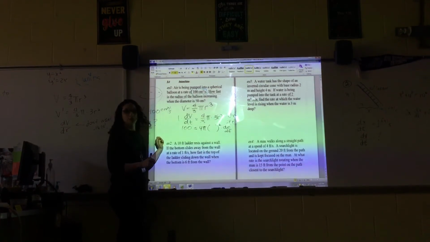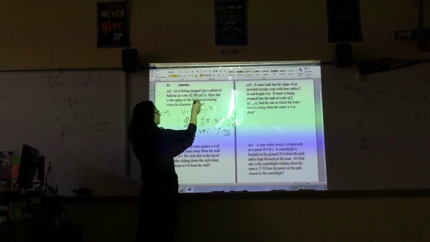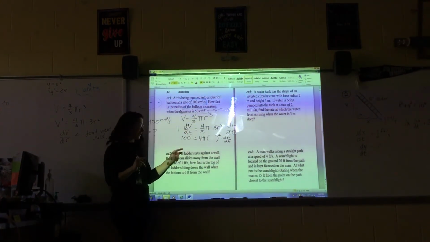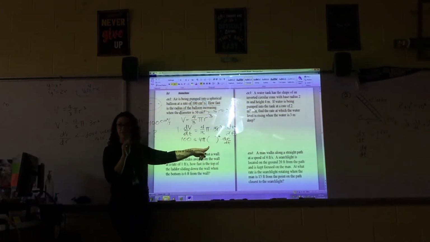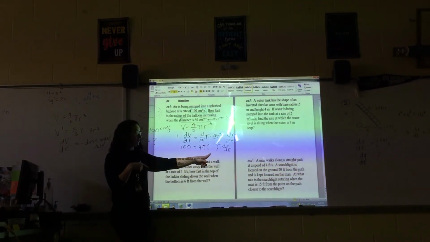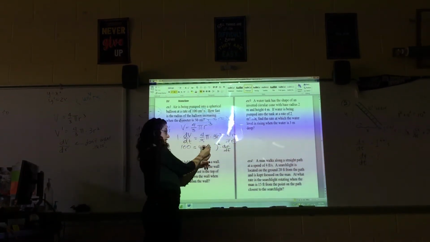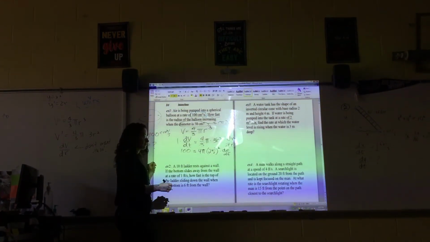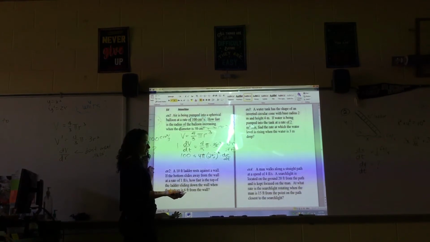What's d? d is 50. When diameter is 50, that means r is 25. At the particular moment I'm freezing time to figure out the rate of change of my radius with respect to time, I want my radius to be 25. And then I'm just going to solve for dr dt.